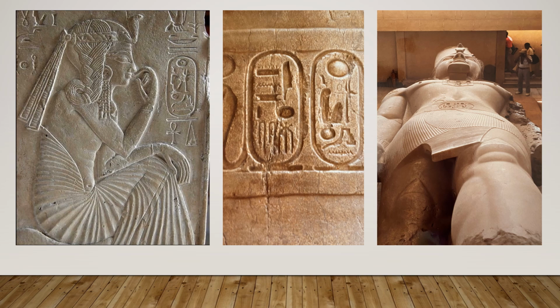On the left, we can see an image of him as a child, as a young man, and even then he has the symbol Nesut Biti in front of his name. Below that, we have the basket without a handle, which is Neb. Then we see two tongues of land, and we transliterate that as Taui. We did see land before. And then his name is inside of the Shenu.